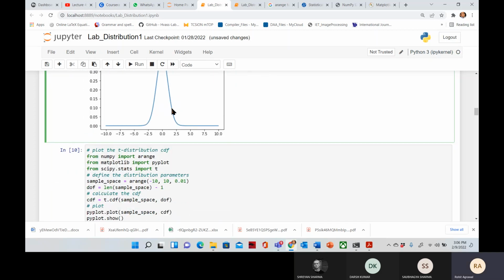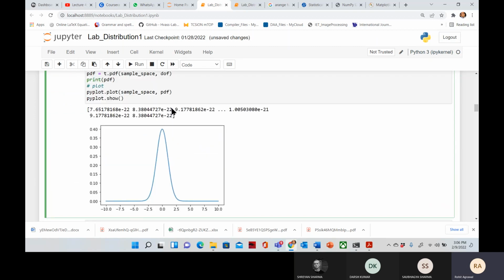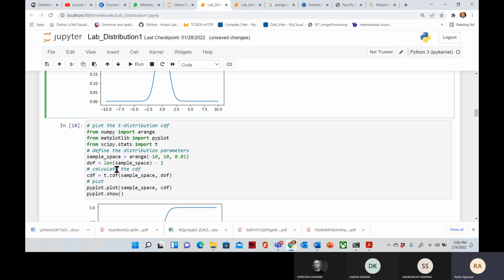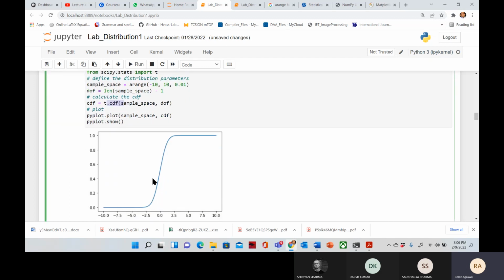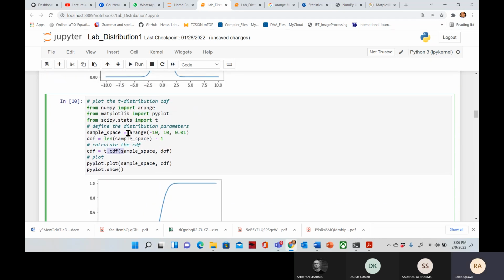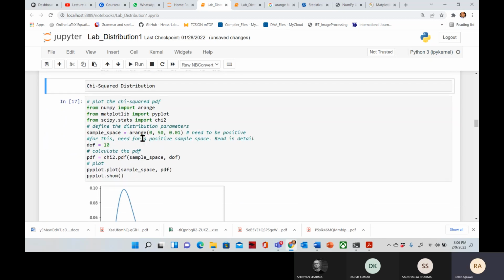One more is there also, the same thing. This is a probability density function and this is the cumulative density function. The cumulative density function graph will look like this. Same code, but instead of PDF we need to use CDF, the cumulative density function. This is clear till now.